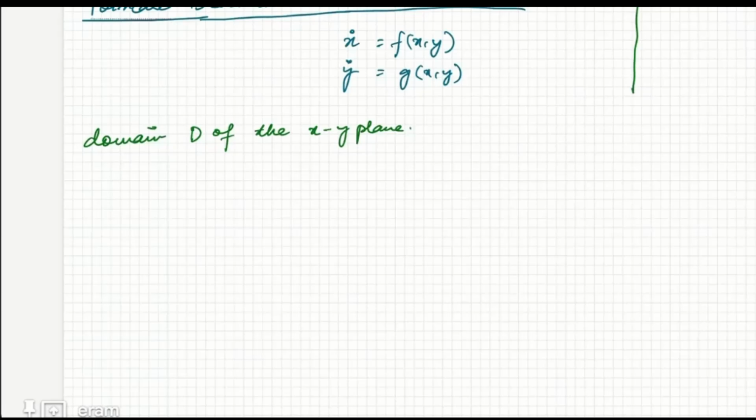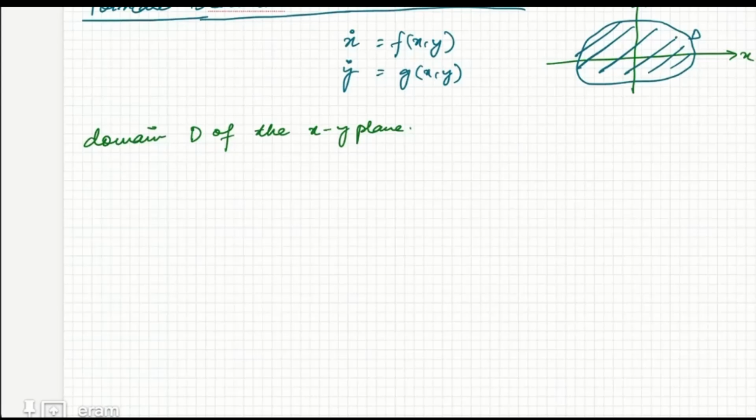So we are starting in the phase space, and we are interested in the region D, and we want to give a sufficient condition which tells us that if that condition is satisfied, then there will be no periodic orbit in the domain D. So what is that condition?